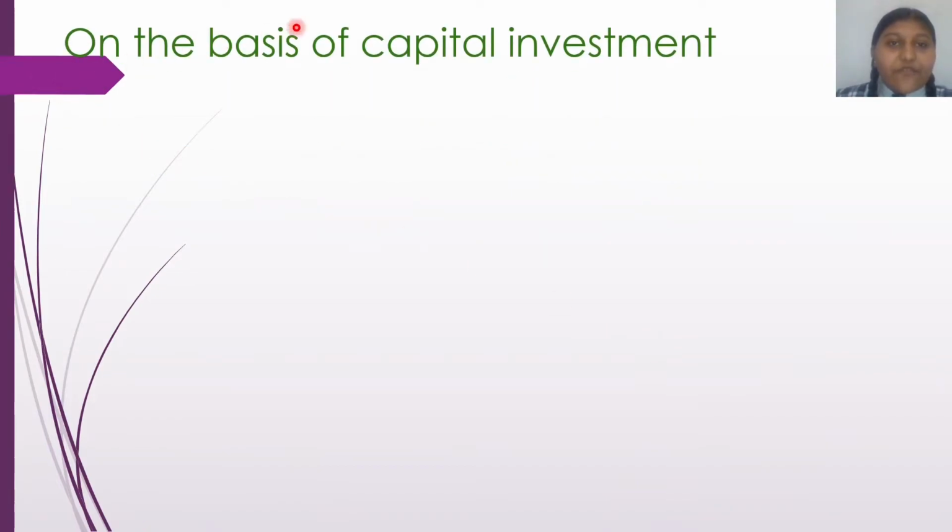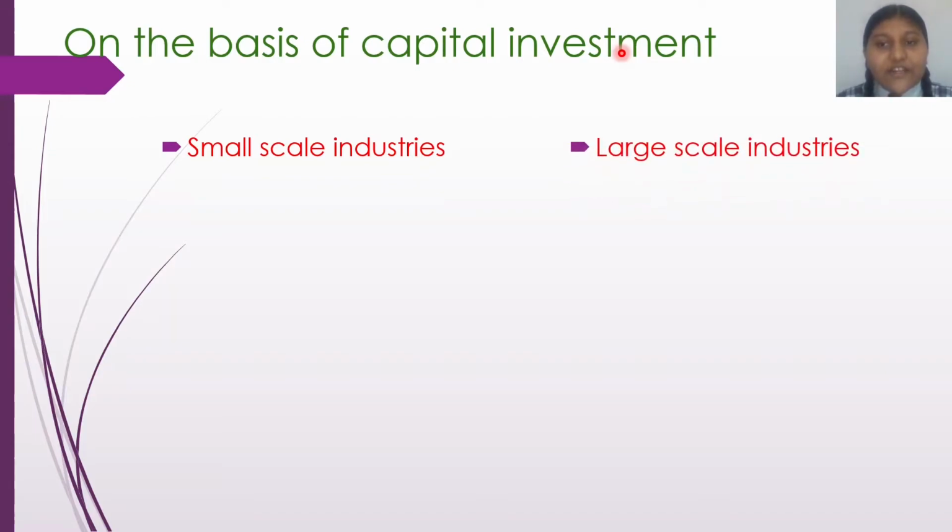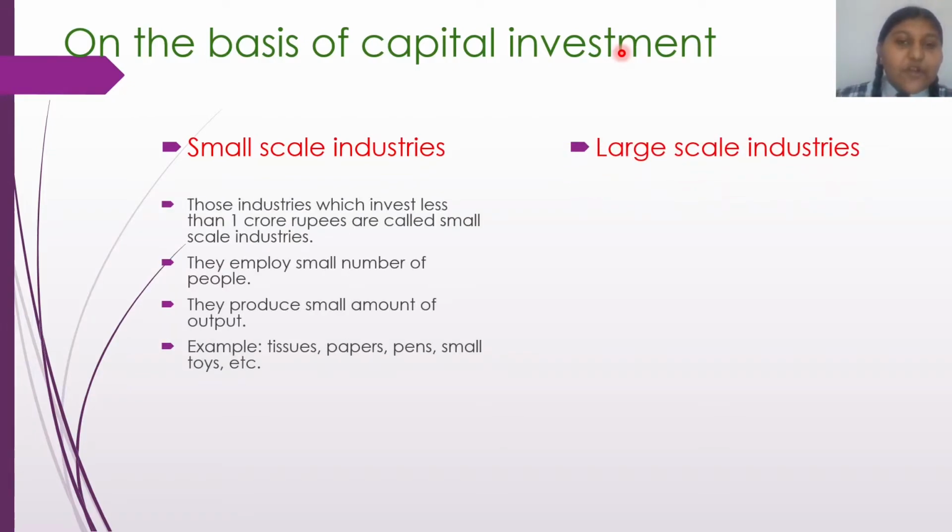On the basis of capital investment, small scale industries and large scale industries. Small scale industries, those industries which invest less than 1 crore rupees are called small scale industries.